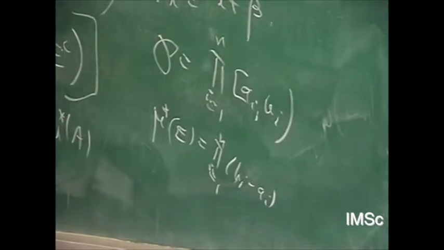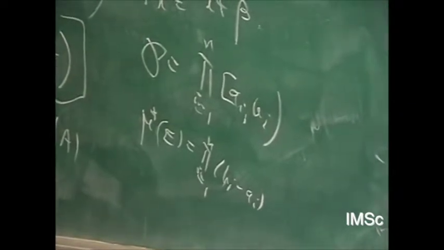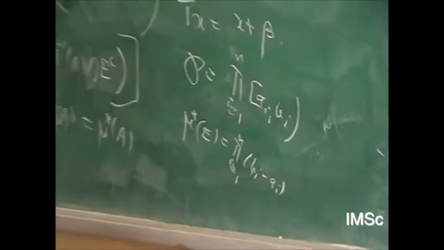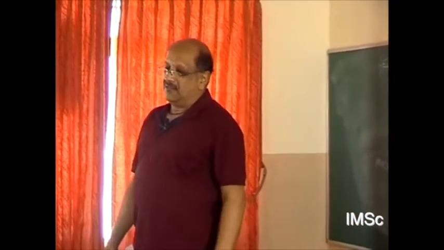Define the outer measure in the same way, and then define Lebesgue measurable sets in the same way. Everything that I have done now, you just go through. So in one stroke, in all dimensions, you can define the Lebesgue measure, and all of them are translation invariant.